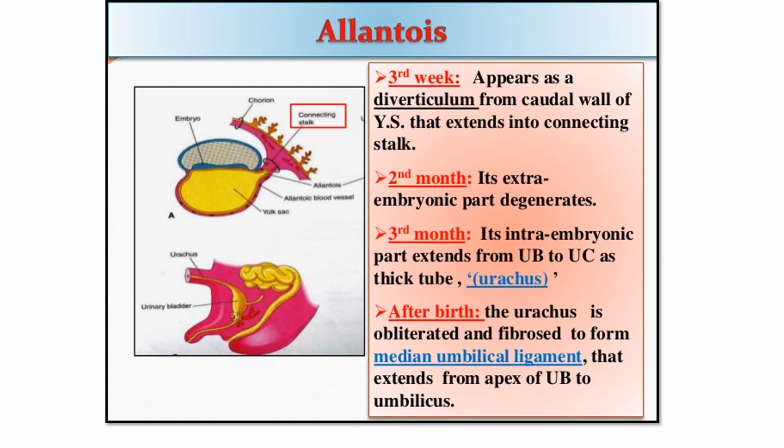Coming to the various stages of development of allantois: it appears as a diverticulum from the caudal part of the yolk sac which forms the hindgut. Its extraembryonic part degenerates and the intraembryonic part is connected to the developing urinary bladder, connecting the bladder to the umbilicus, and that is known as the urachus. After birth, the urachus is obliterated and fibrosed and becomes the median umbilical ligament.